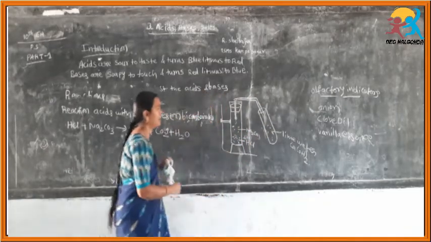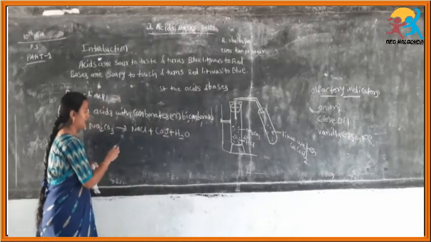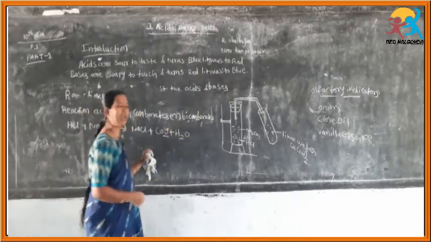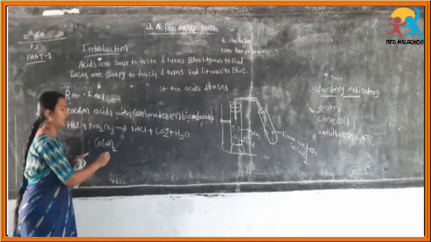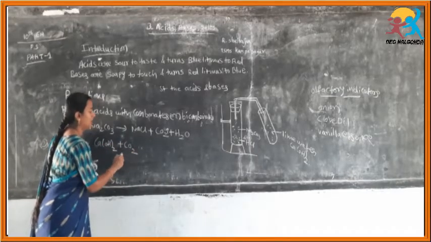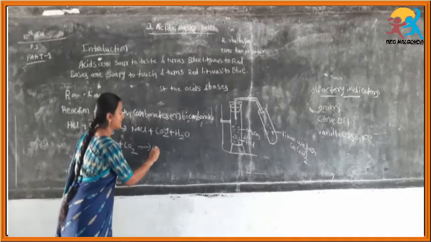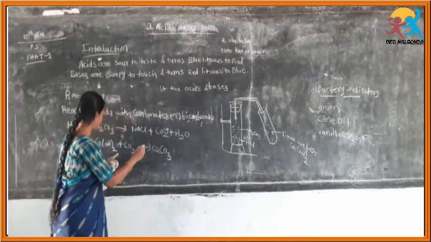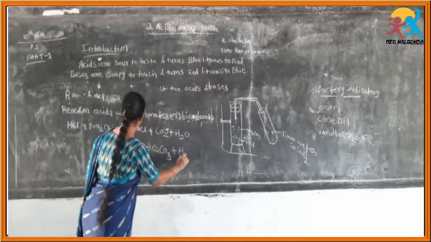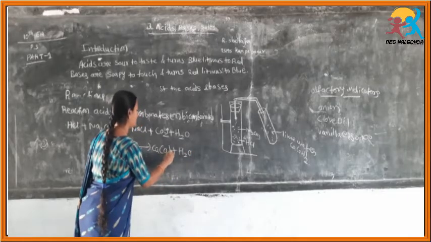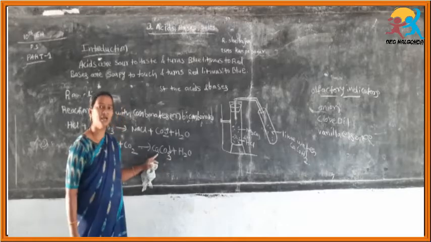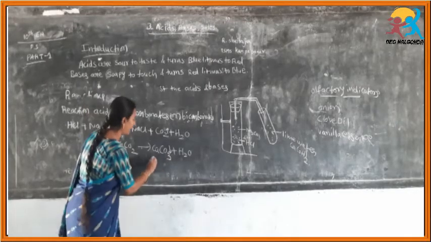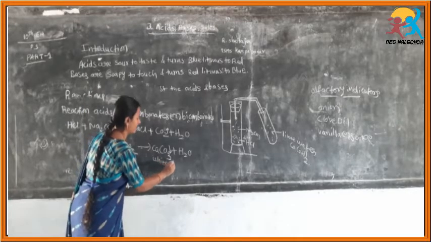Calcium hydroxide reacts with carbon dioxide and gives calcium carbonate and water. The calcium carbonate has a downward arrow, indicating that a white precipitate is formed.